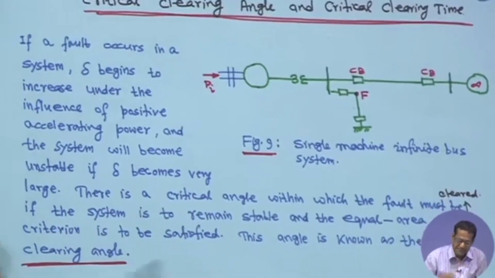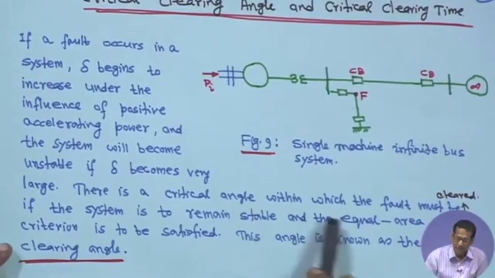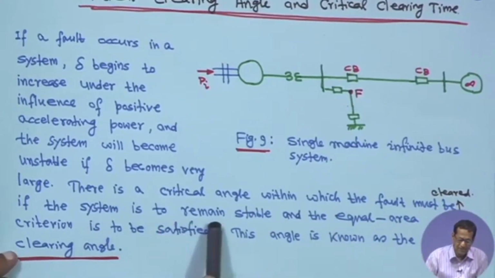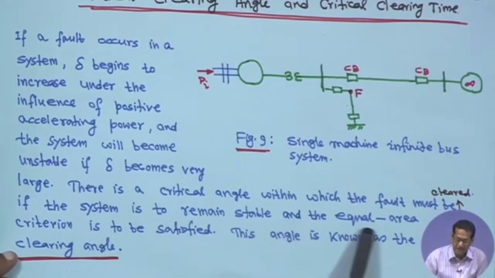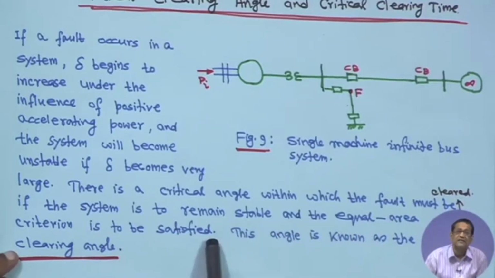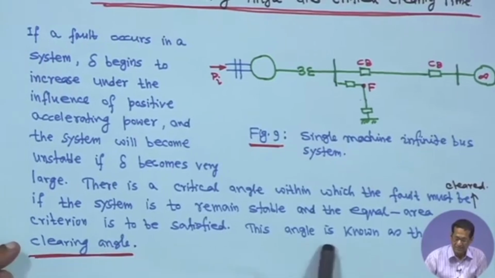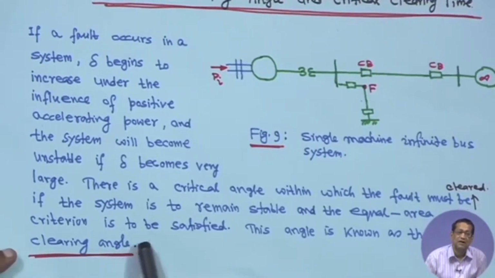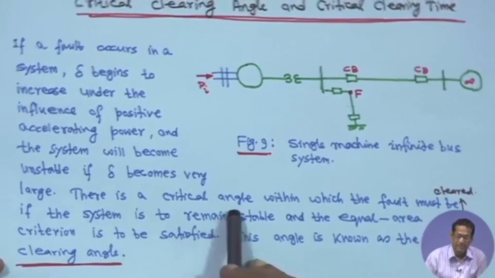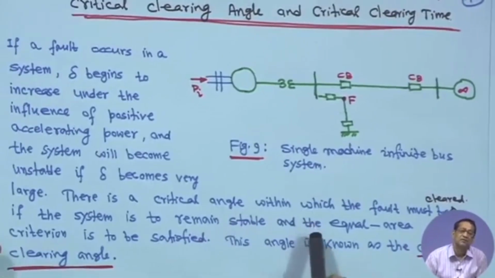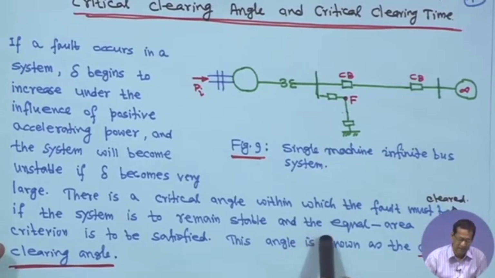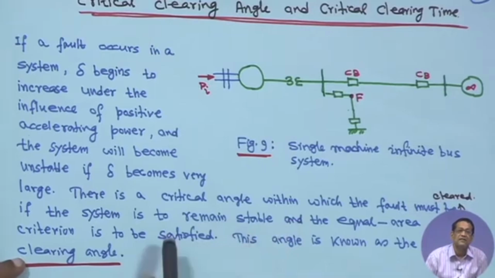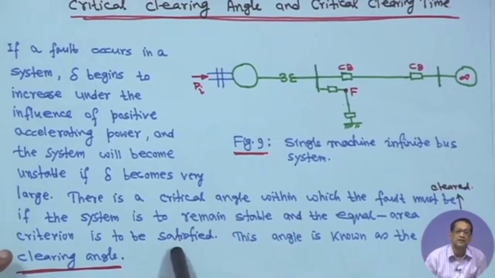That means, there is a critical angle within which the fault must be cleared if the system is to remain stable and the equal area criterion is to be satisfied. Actually, this angle is known as the critical clearing angle. Then you have an angle up to which, if you clear the fault within that limit, your system will remain stable.